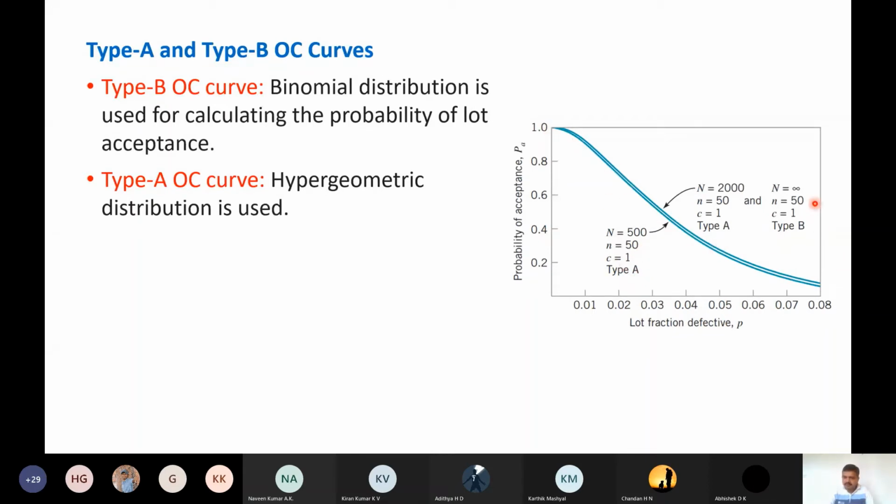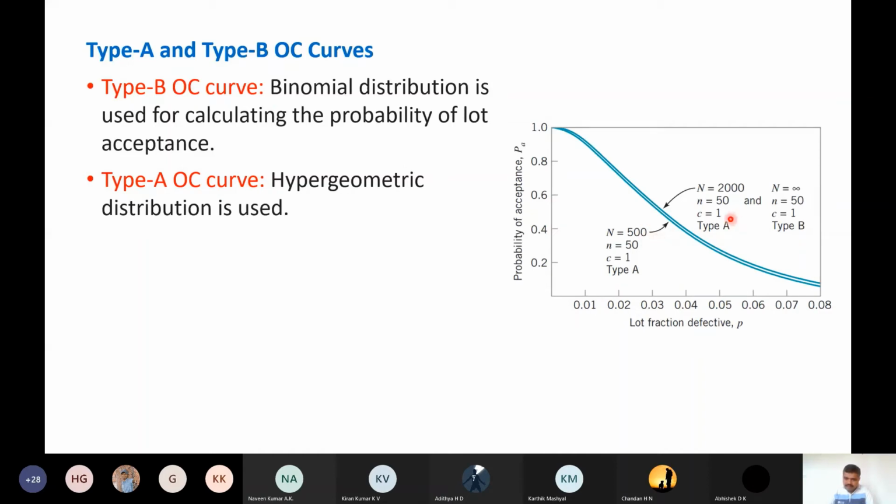In the case of type B, you might be considering infinite lot size. The acceptance number remains the same. You can see there is a difference, but the difference is very small, only a minute difference between type A and type B.